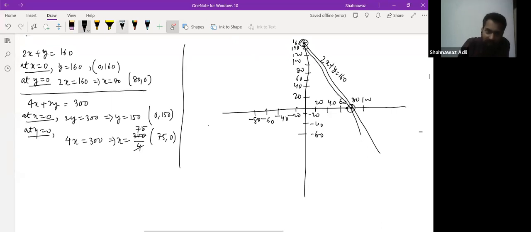So my line is not straight, but when you draw it in a graph, this will become more clear. So this is the graphical representation. Understood? Yes.